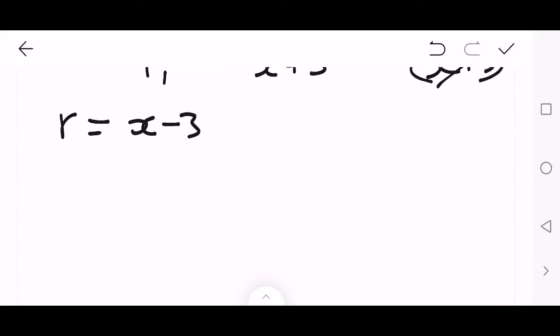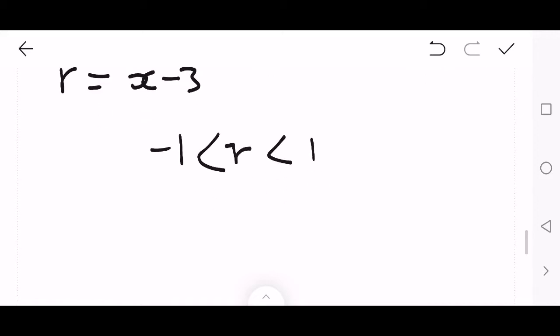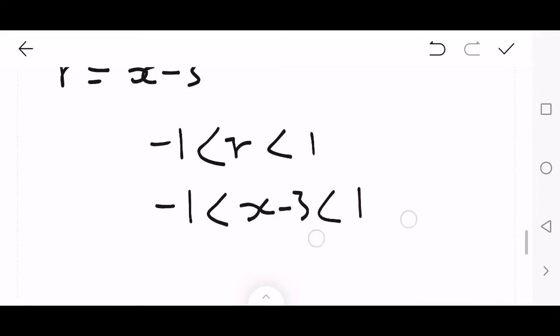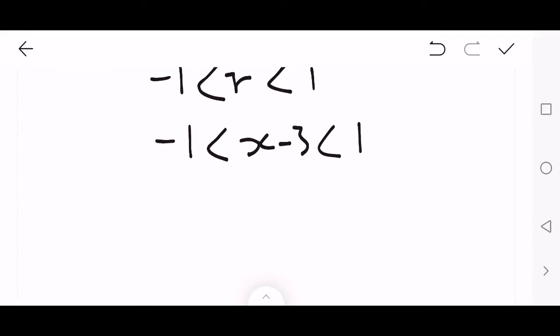As we have seen earlier, the condition for convergence says r must be between minus 1 and 1. So now we can substitute the value of r, which is x minus 3 here, and now we can solve for x.